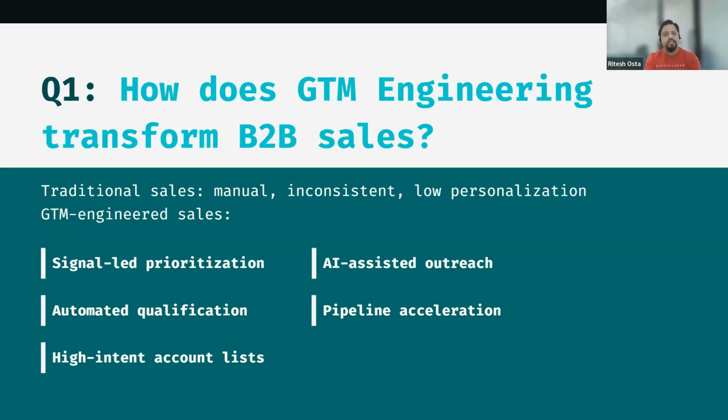So signal-led prioritization, which account is giving more signals, that prioritization will be done by AI. Automated qualification, which accounts are better than other accounts, which is more engaging, which account is more qualified, which has more high intent. That information will also come up.